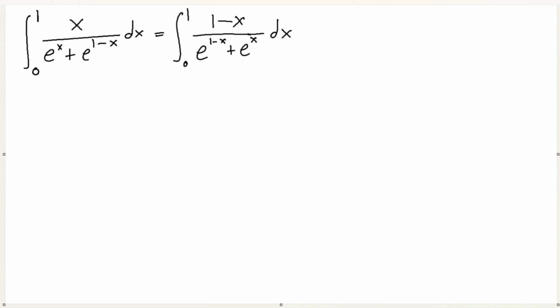So let's add these two integrals together, which gives us, let's say, a half, so that we don't have to do the 2. And this plus this is going to give us 1.